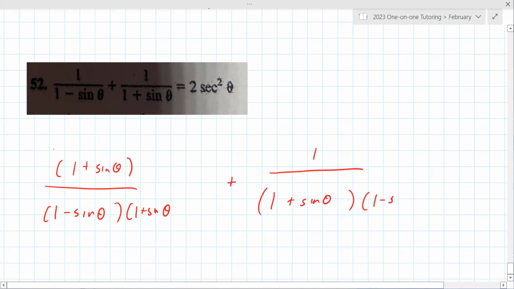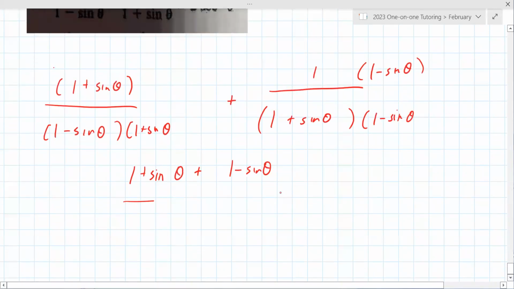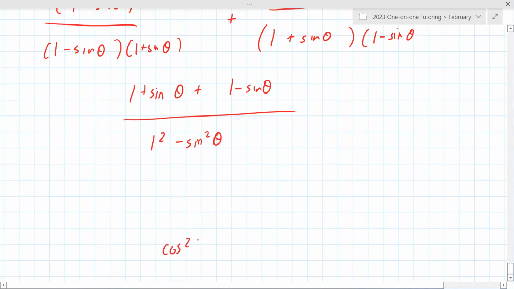When you multiply by 1 minus sine theta, you're going to get that difference of squares. And so the numerator becomes 1 plus sine theta plus 1 minus sine theta over 1 minus sine squared theta. That's your cosine squared theta on your bottom by the Pythagorean identities. The top becomes just 2 because the signs end up canceling.